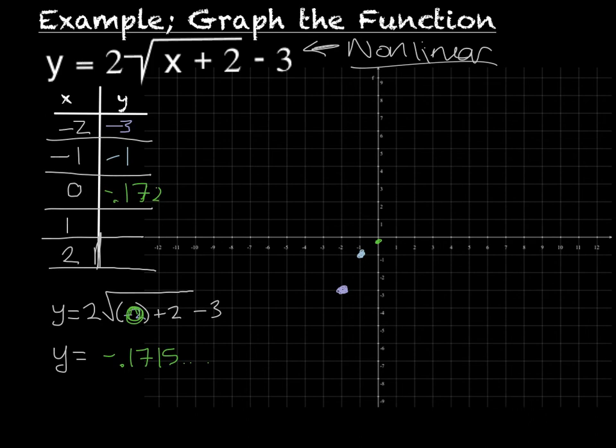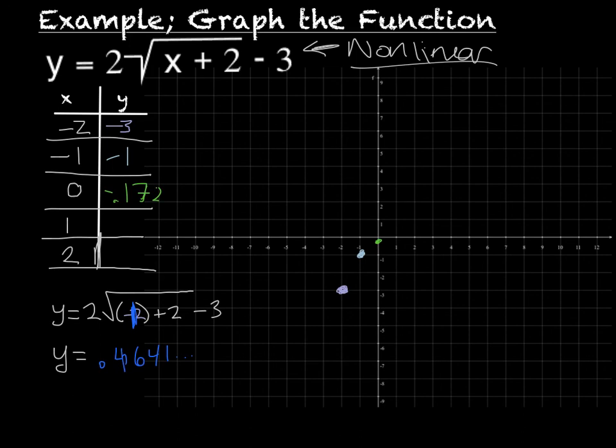So that's at 0. And then if I put 1 in right here, and I type that into the calculator, and get another decimal answer of 0.4641, and it continues on.